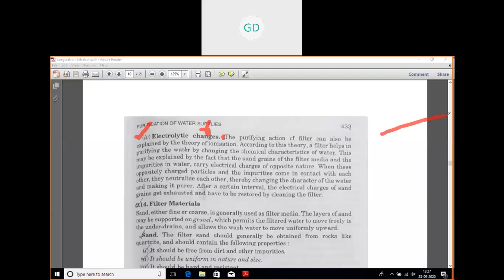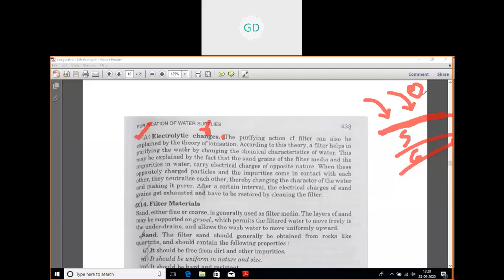Suppose this was your sand bed and this one was your gravel bed. The upper layer of the sand bed contains some charges, and the impure water that is coming in contact with the sand bed also contains some charges.